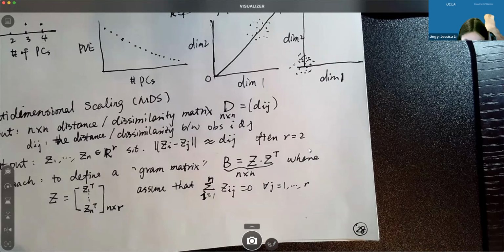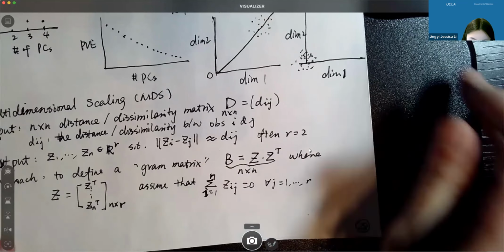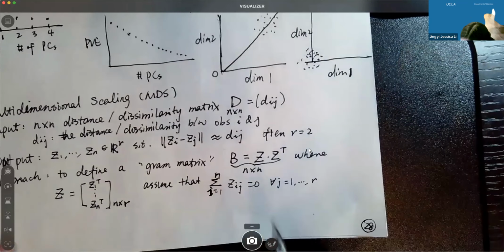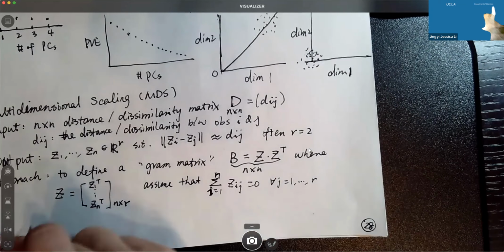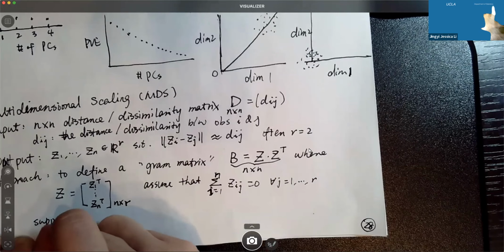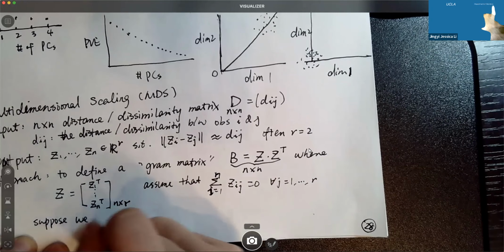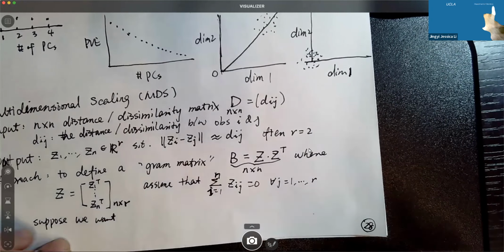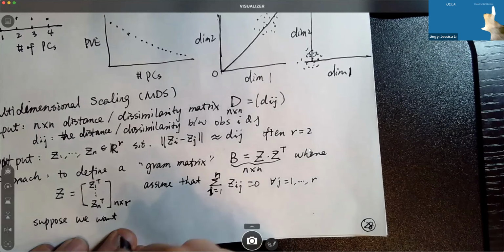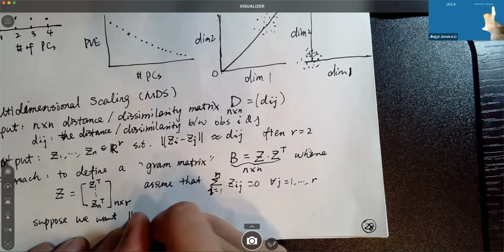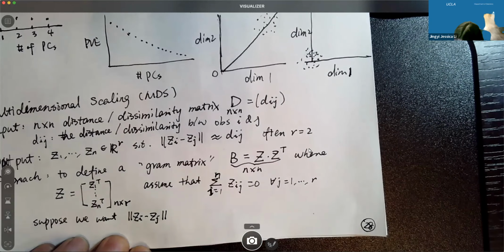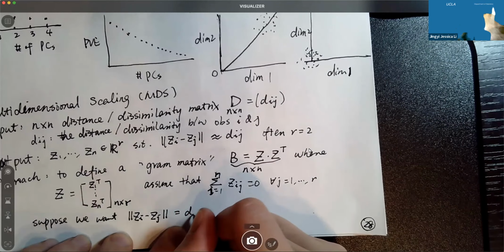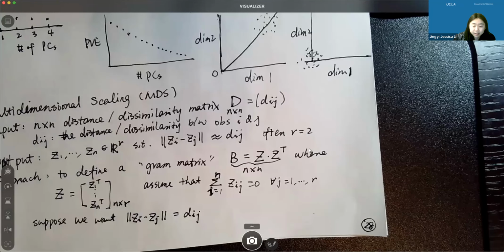Okay, so given this, our goal is that we want to find the relationship. Suppose we just want Zi minus Zj to equal Dij.